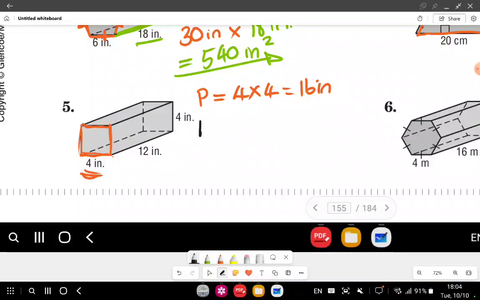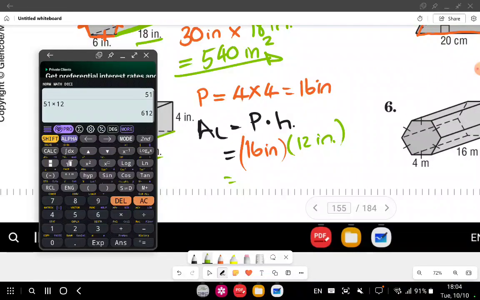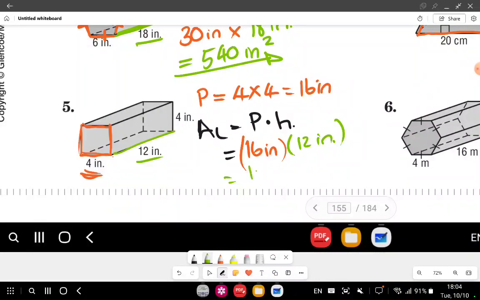Then I'm going to say area lateral is equal to perimeter times height, which is equal to 16 inches multiplied by 12 inches. And that gives me 16 times 12 is equal to 192 inches squared. Sorry, that's an N, not an M.